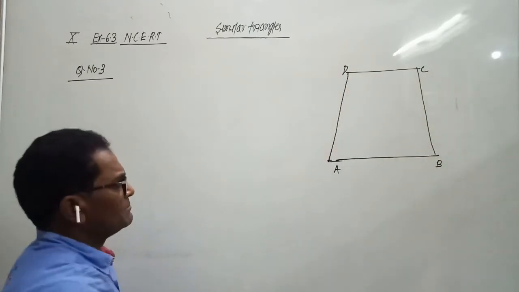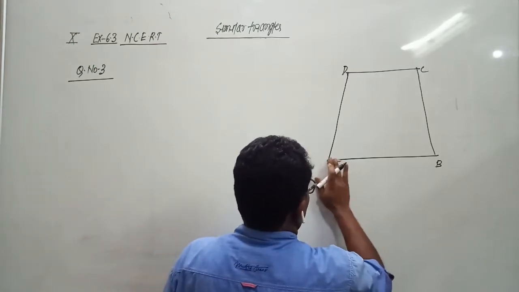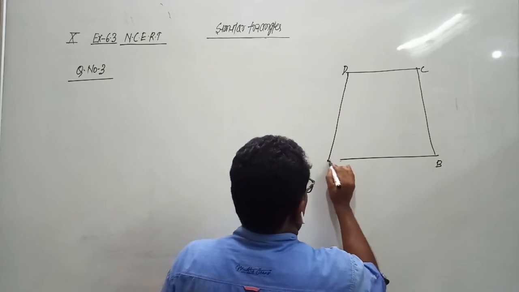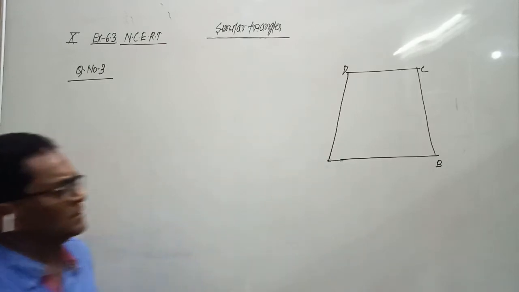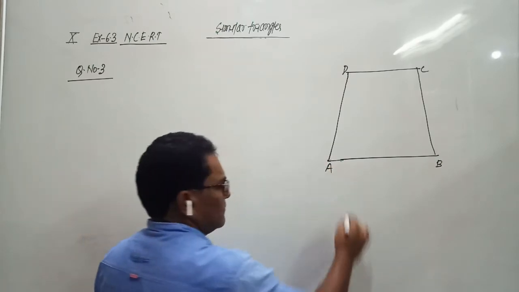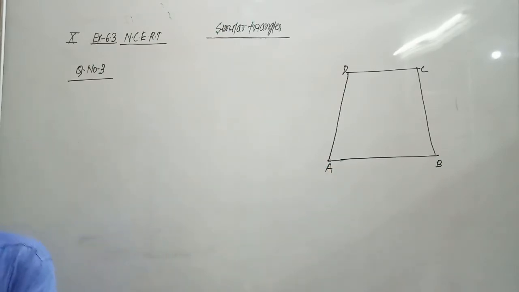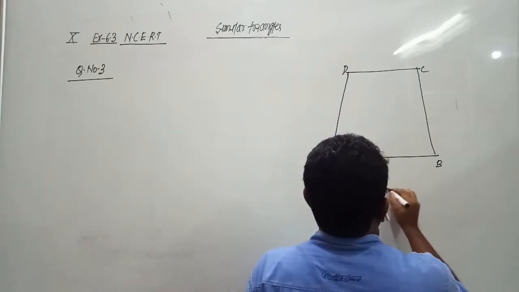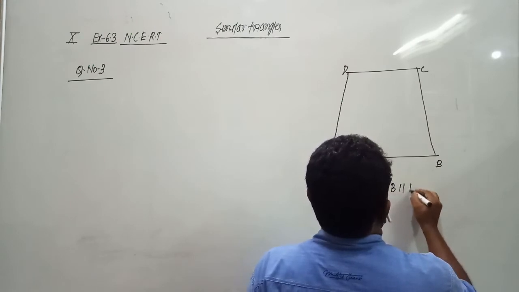In trapezium ABCD, we have given AB is parallel to DC.